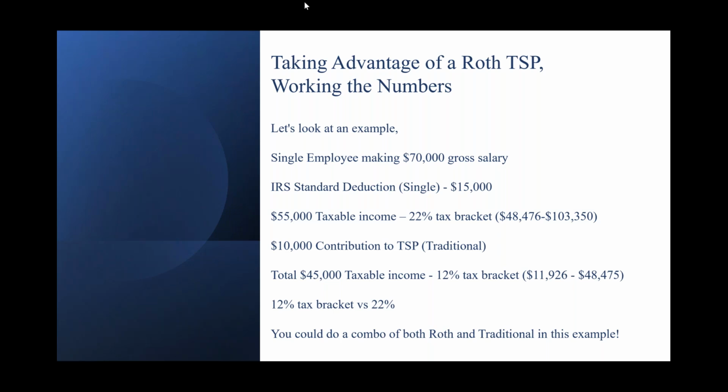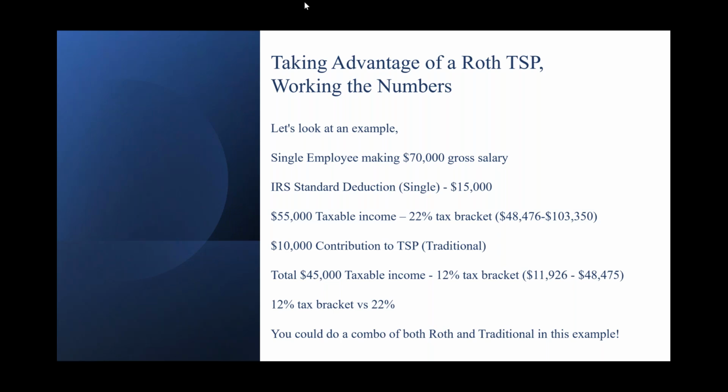But remember I told you, the traditional TSP contributions lower your tax liabilities while you are receiving an income. So here's an example. Your $55,000 taxable income minus your traditional TSP contributions now brought your total taxable income to $45,000.